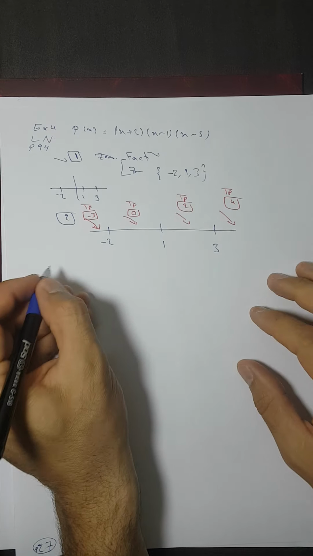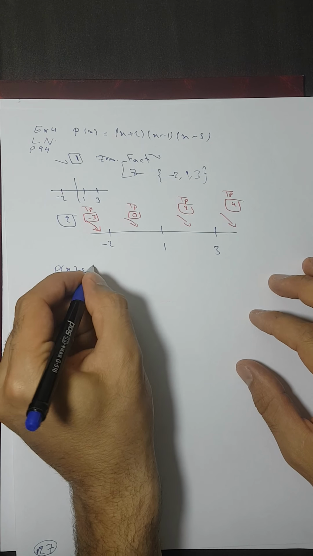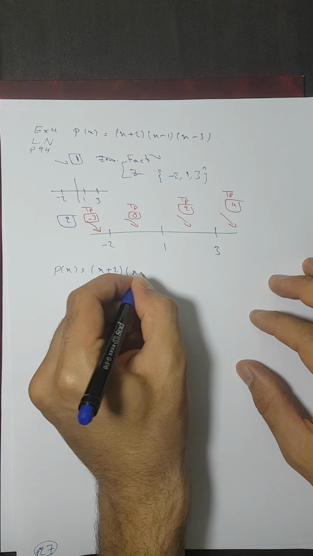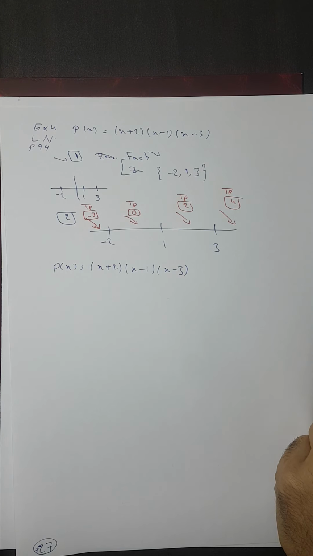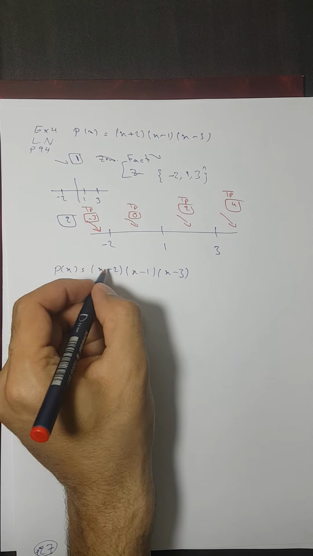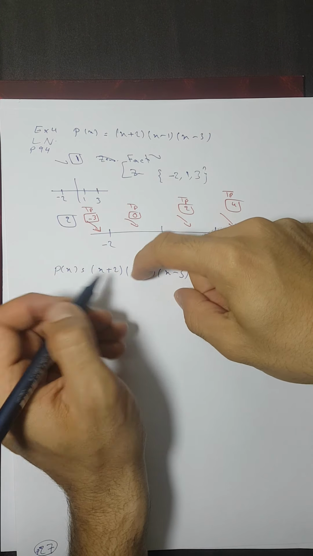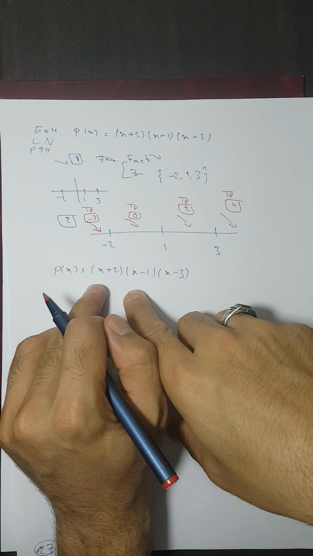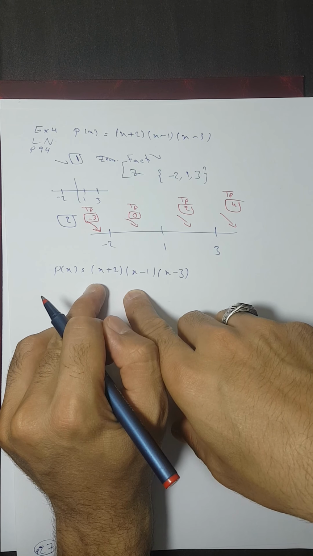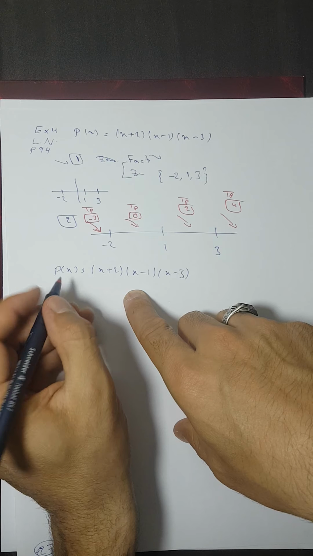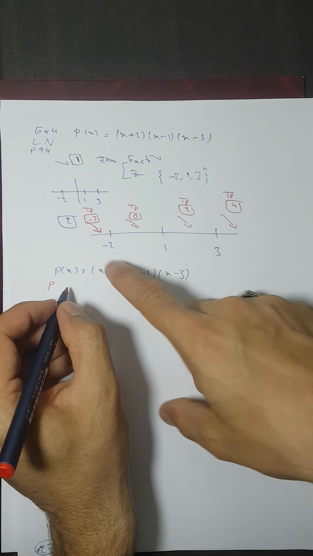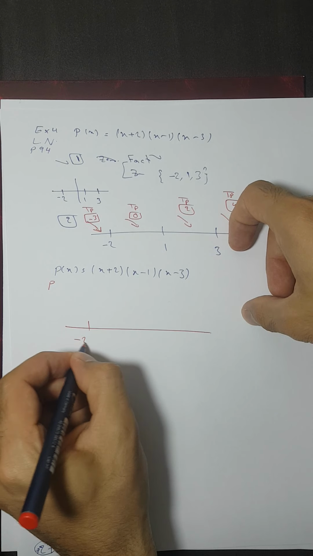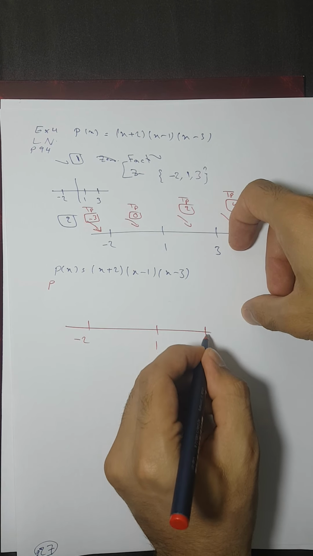We have P of x is equal to (x plus 2)(x minus 1)(x minus 3). It's the key zeros, and please try to substitute the test points in this. Now we have minus 2, 1, 3.